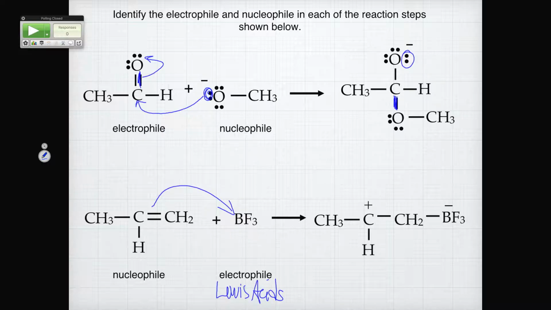Do you see that the boron is accepting electrons? Okay, who is the Lewis acid on the top one? The one on the left or the one on the right? Left. You see that it is accepting electrons. Okay, that's how you decide.